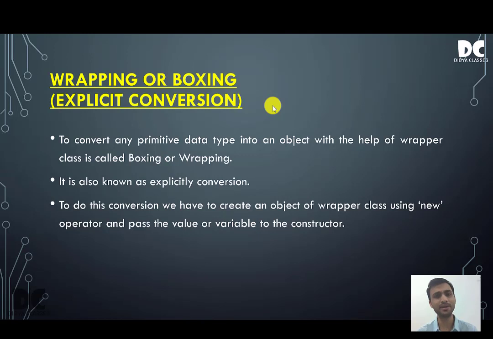So what is wrapping or boxing? Boxing is also known as wrapping, or also known as explicit conversion. To convert any primitive data type into an object, okay, we are converting primitive data type to an object with the help of wrapper class, is called boxing or wrapping.